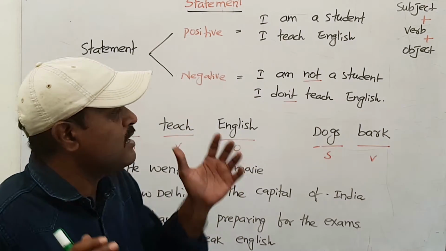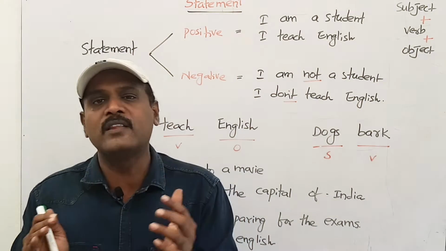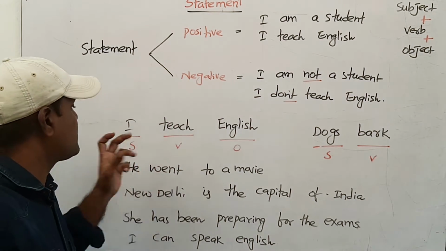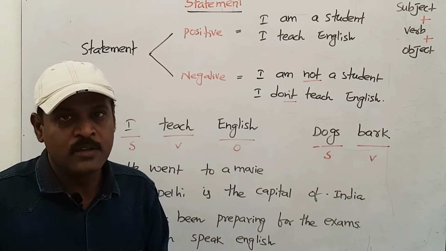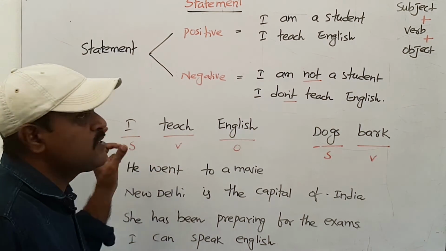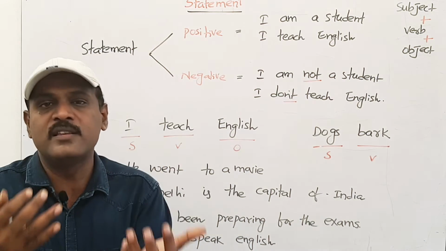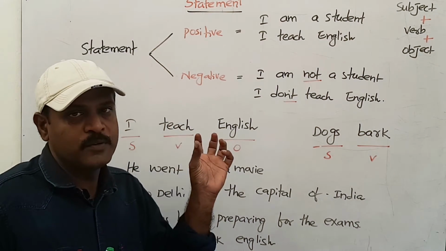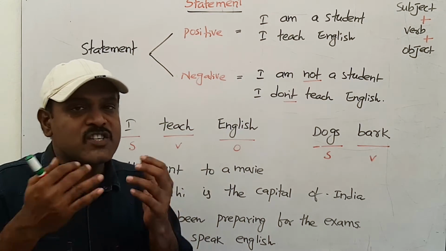And usually in statements we have first the subject, then the verb, and then the object, like this. I teach English. I is the subject, teach is the verb, and English is the object. In the place of the subject, you can use nouns, pronouns, or some phrases. After that, we use the verb, and after that, we use the object. Verb means action word.